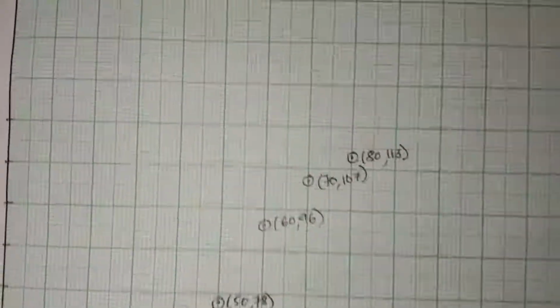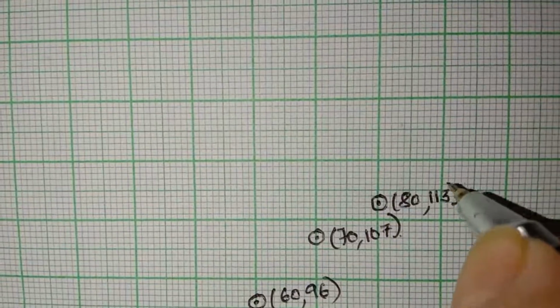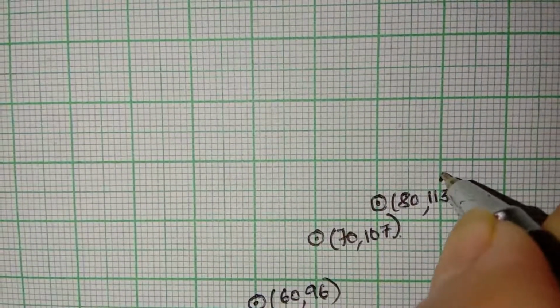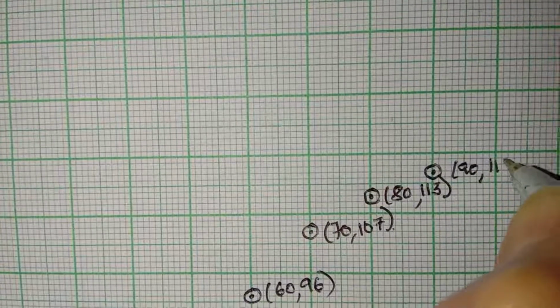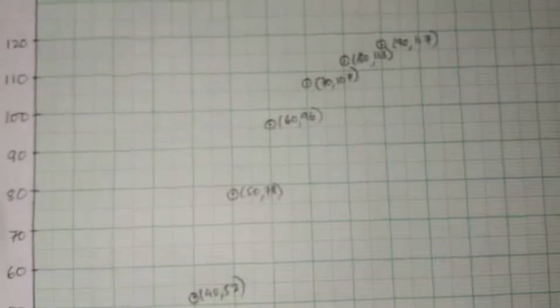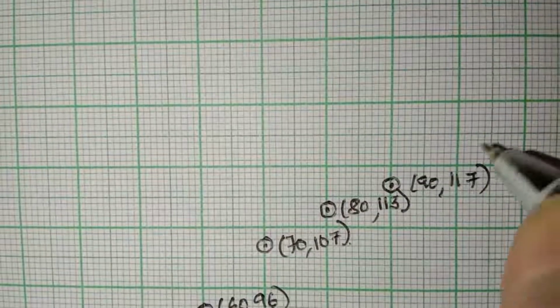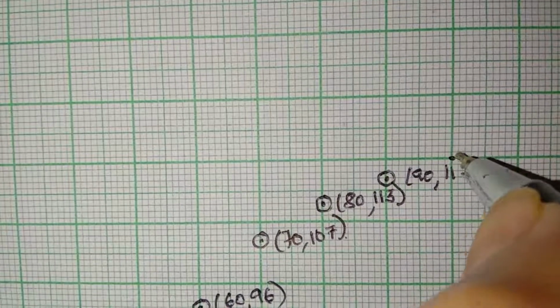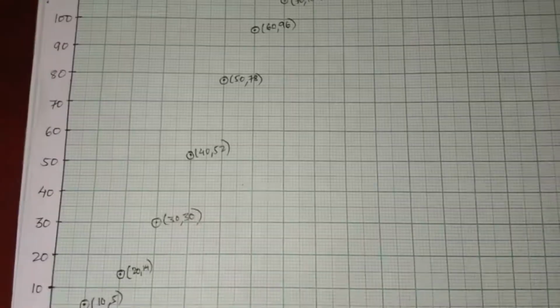This is 115, 16, 17. Now last one is 100 comma 120. Now we will join the points.